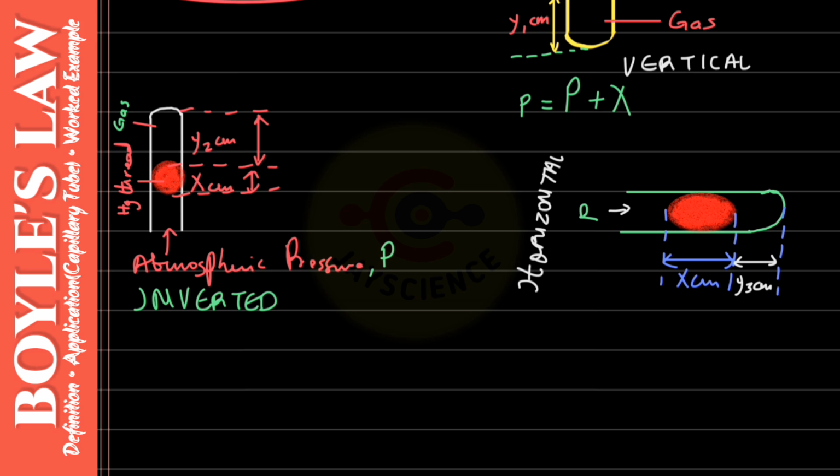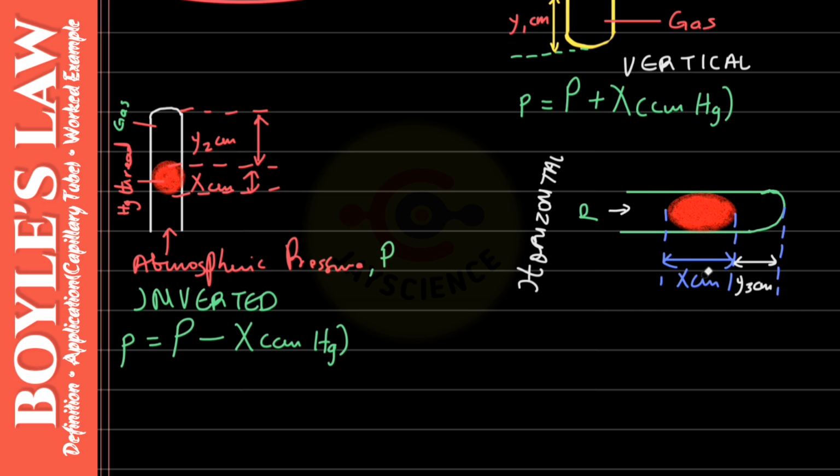If you are to compute the pressure of the gas in this case, the pressure of the gas is the difference between the atmospheric pressure and the pressure due to the mercury column. That's your X, X centimeters of mercury.